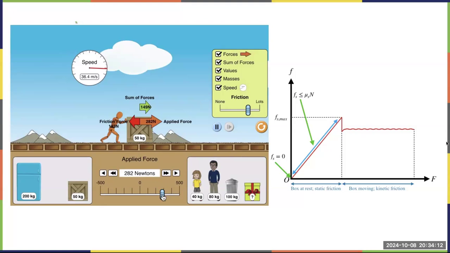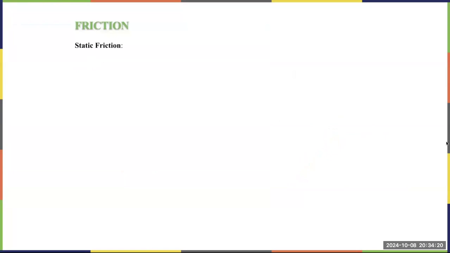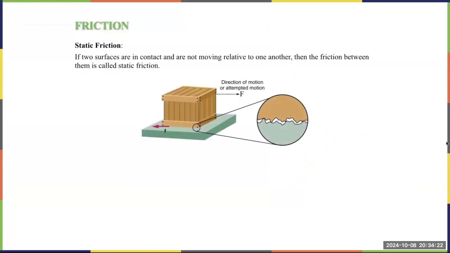But once it starts moving, you know, as you saw, two surfaces, right? They will keep on opposing.